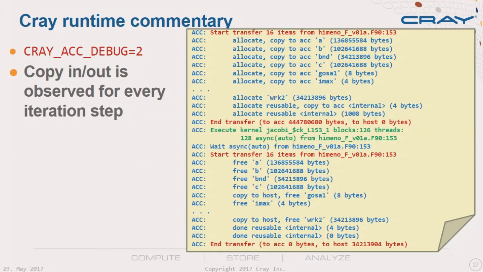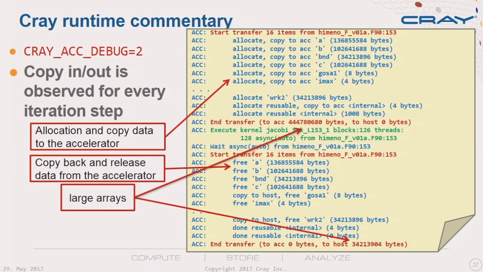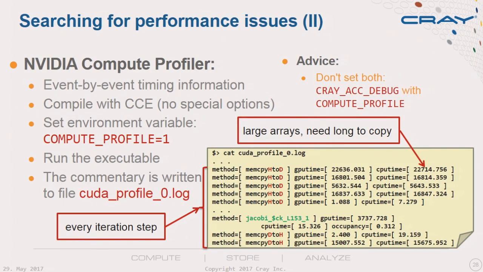We reduced that already by doing the data scoping correctly. But we also saw that it's done very often, for each time we call the kernel, so for each step of the iteration, which is not really necessary, since within or between our kernels we do not move that much data.